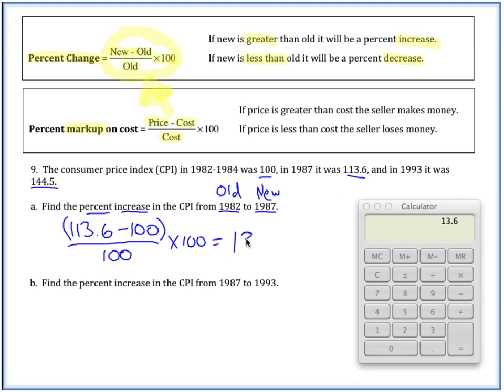So this is really 13.6%. Make sure you try that out on your calculator and that you're able to get 13.6% here. You can either put parentheses around this if you're using a TI, or you can hit enter after doing the subtraction. So let's go ahead and find the percent increase in the CPI from 1987 to 1993.